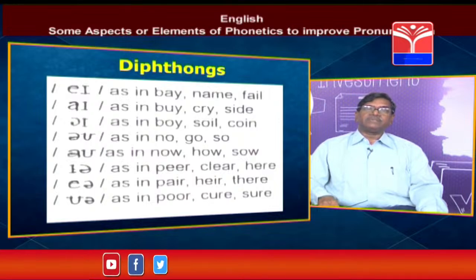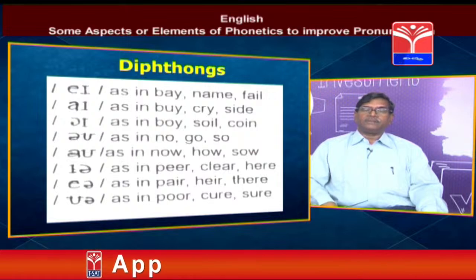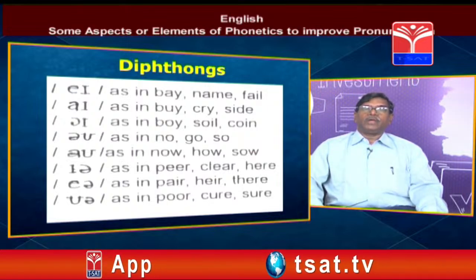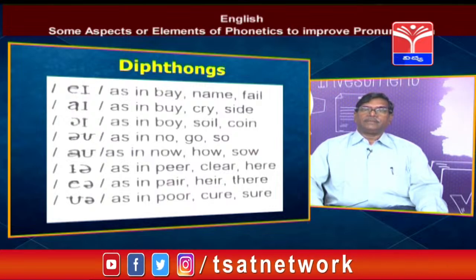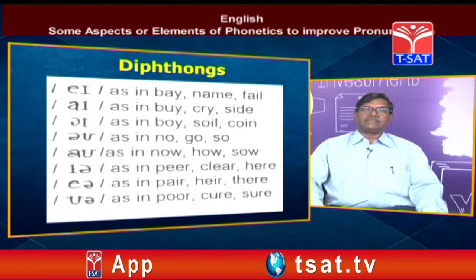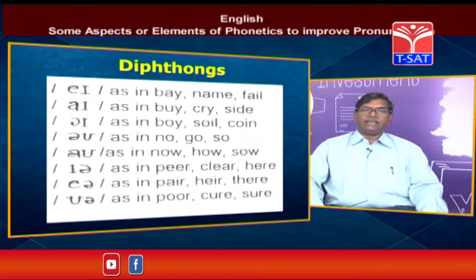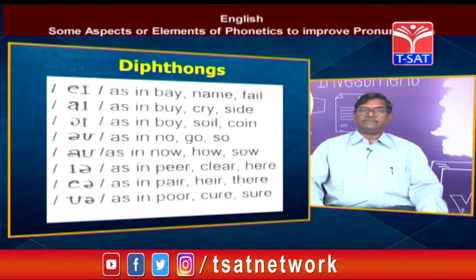It starts with A, ends with E. Similarly, another diphthong, oi, starts with O, ends with E: boy, soil, coin, oil. In all these cases we have oi. So, these three diphthongs end with E sound.